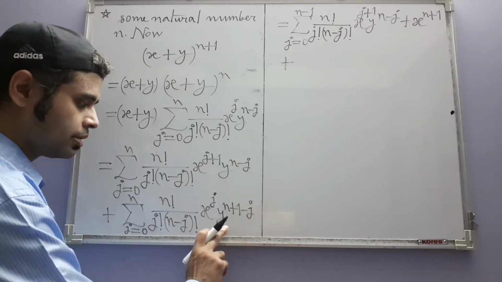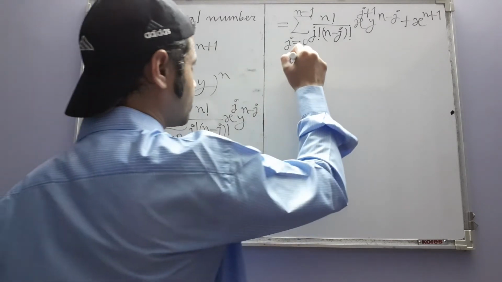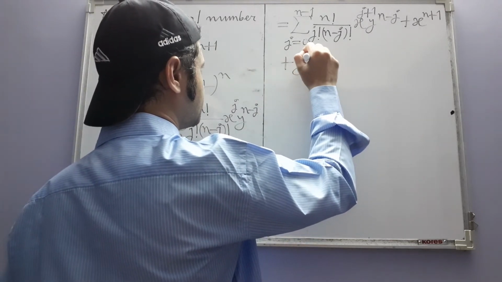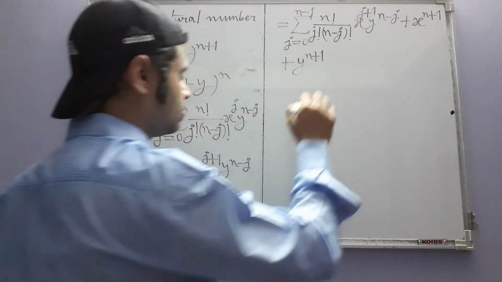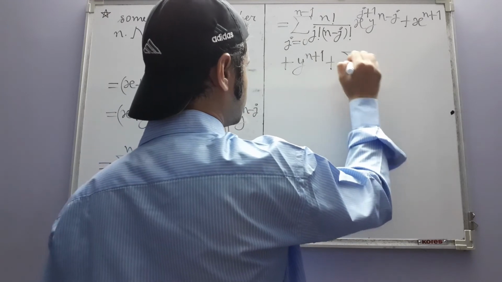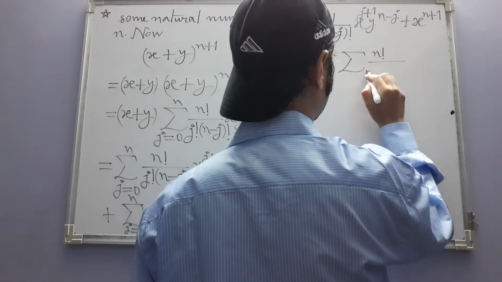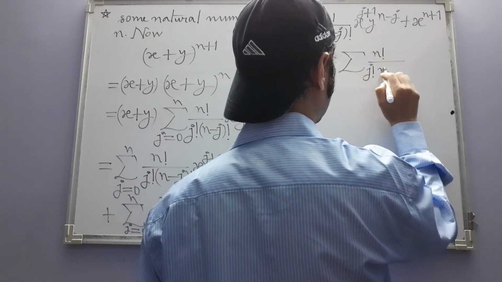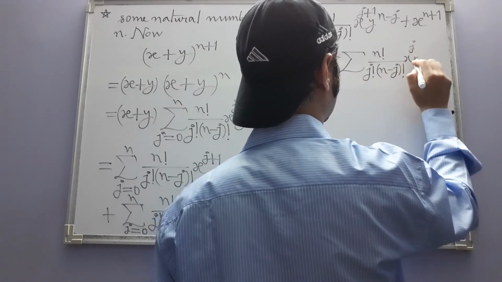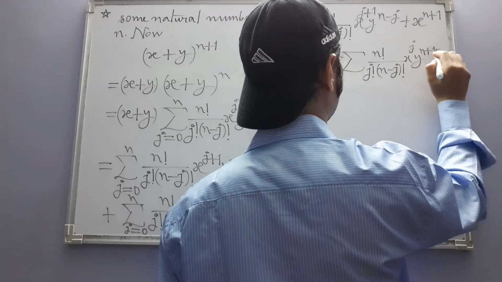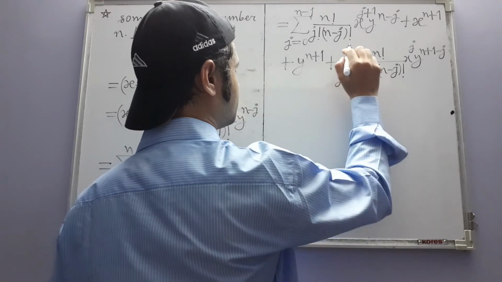Putting j equal to 0 here, you get y to the power n plus 1, which is just this thing when j equals 0, plus this finite series where j varies from 1 to n.